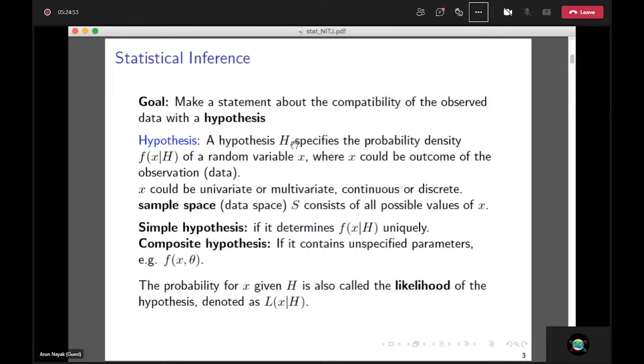What we want to do here, our goal, is to make a statement about the compatibility of something that we observed in an experiment with some hypothesis. So we have some hypothesis or some theory that we are testing with some experiment, and we want to make a statement about the compatibility of that hypothesis with the data that we observed in our experiments.